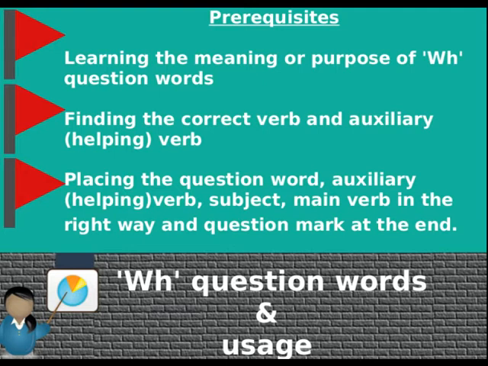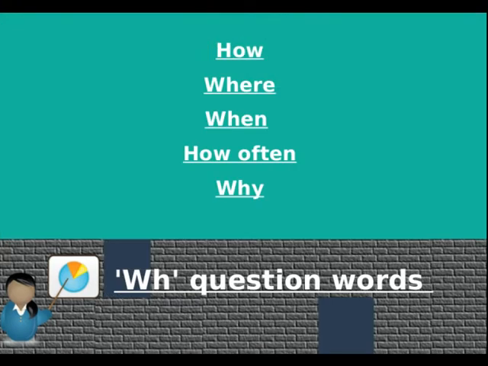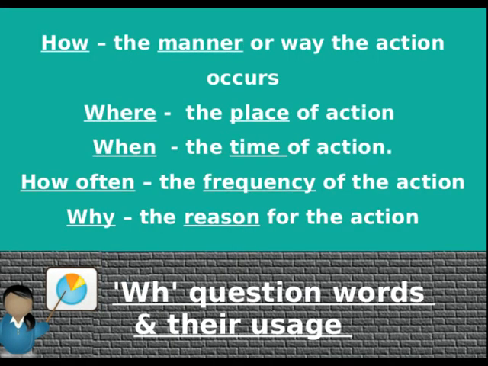We'll see the first prerequisite, learning the meaning or purpose of WH question words. So, which are the question words and what are their purpose? So, we have how, where, when, how often, why. These are actually the question words that will help you pick out the adverbs.